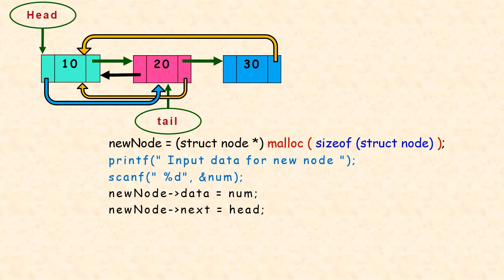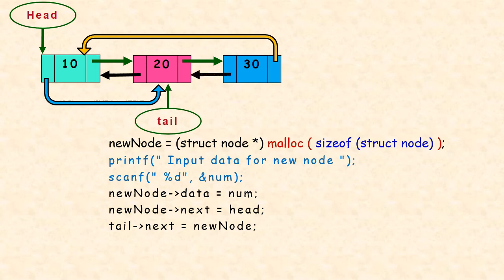What is that? The previous tail next is equal to new node. So this link is established. One more link between new node and the tail, that is new node's previous is equal to the tail.